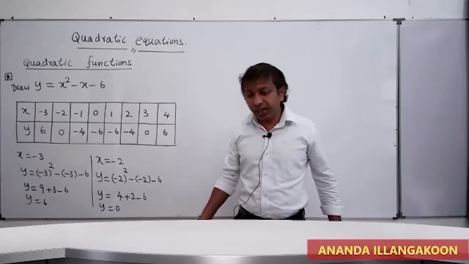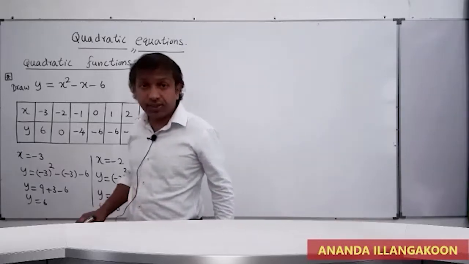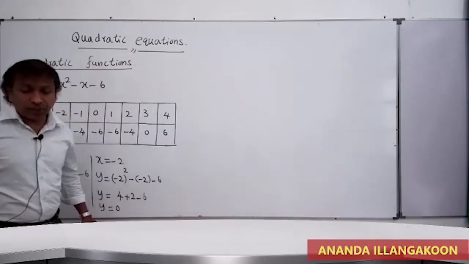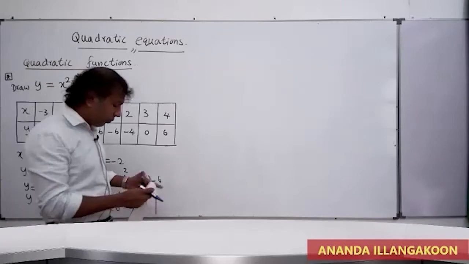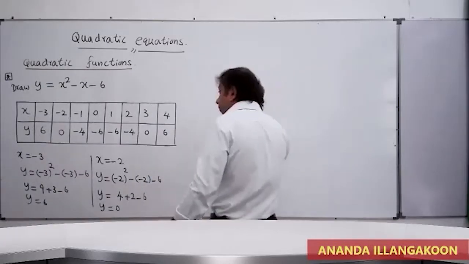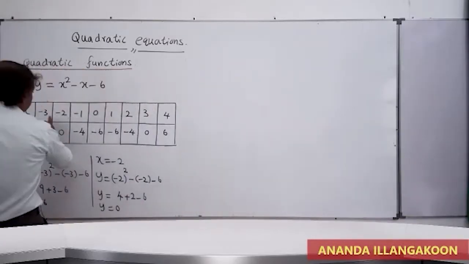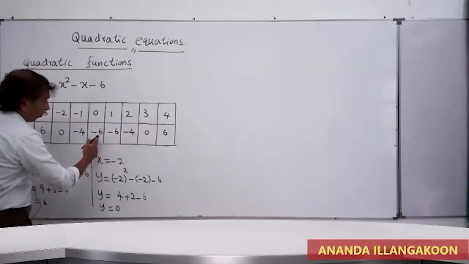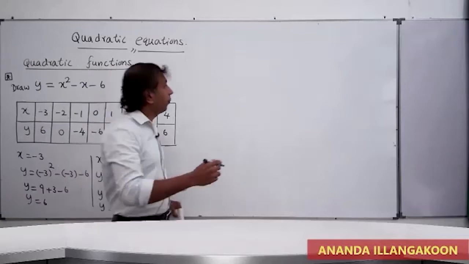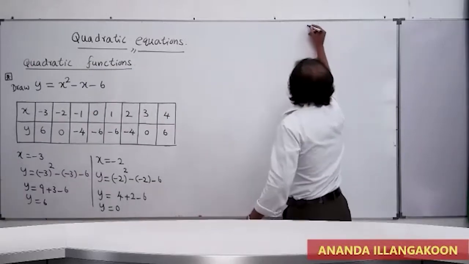So we need the y-axis and x-axis, and in this OXY Cartesian coordinate plane, we'll now plot these points. We need x from minus 3 to plus 4. y is running from plus 6 to minus 6. So I mark them here like this.